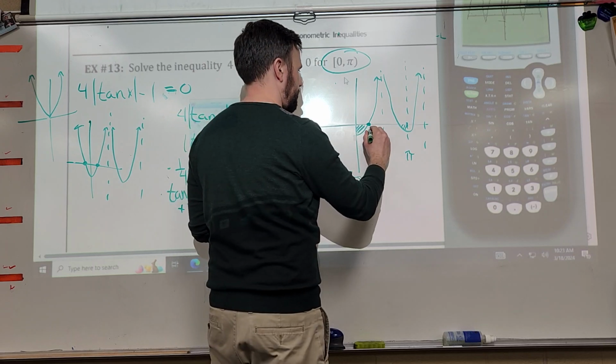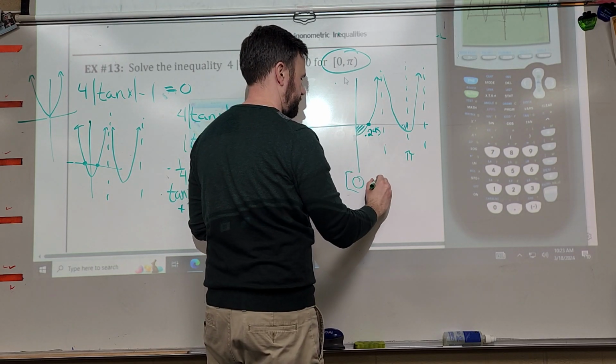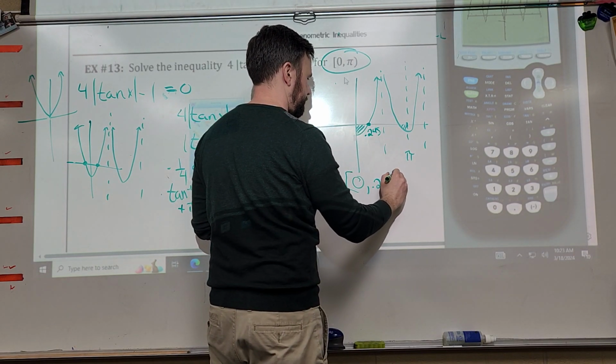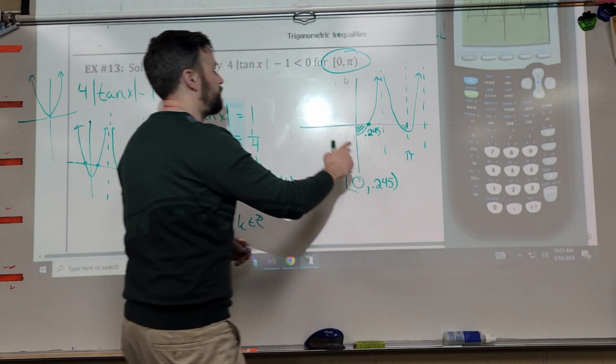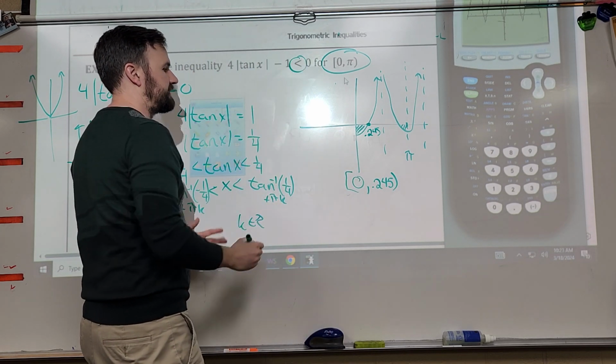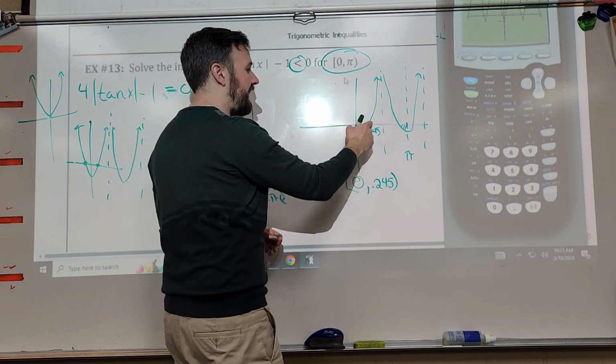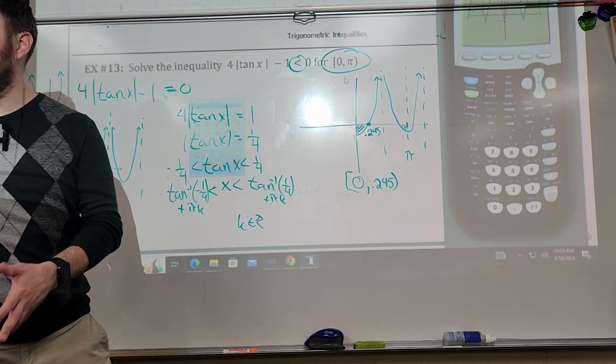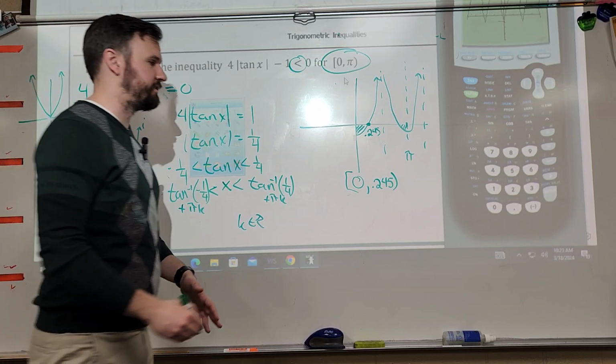0.245. Now this one's going to be parentheses because it's not or equal to. And what is it at that point? It is 0. And 0 is not less than 0.